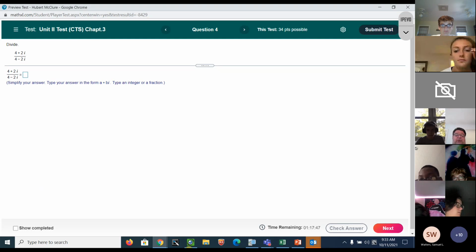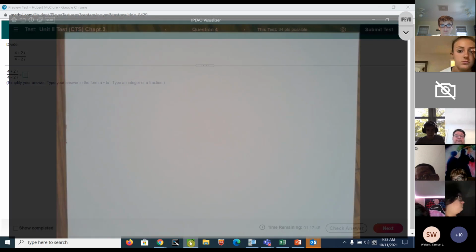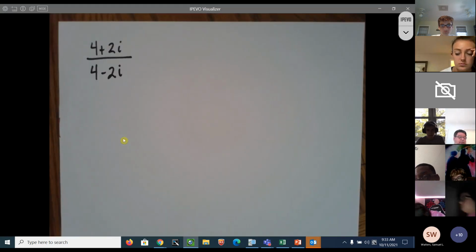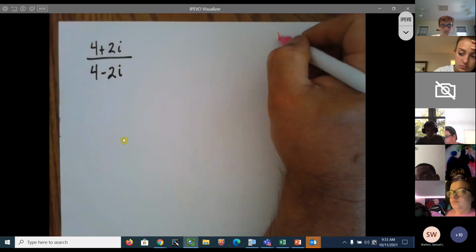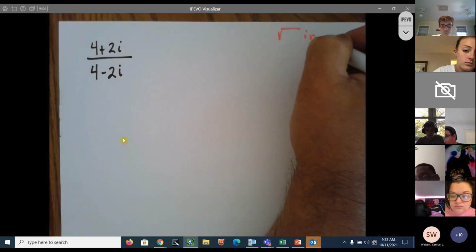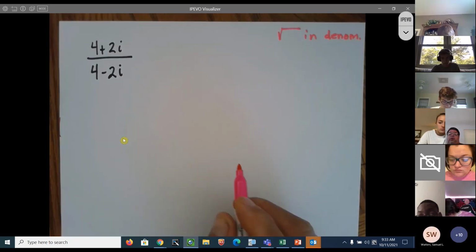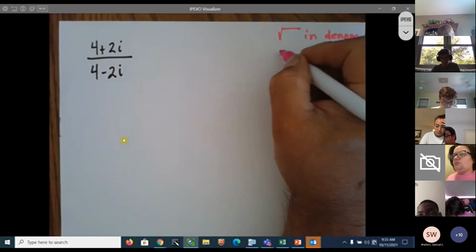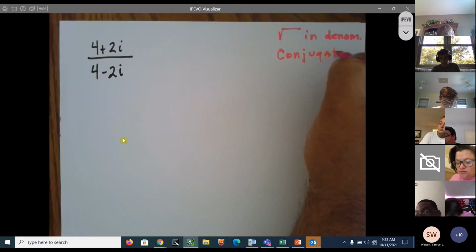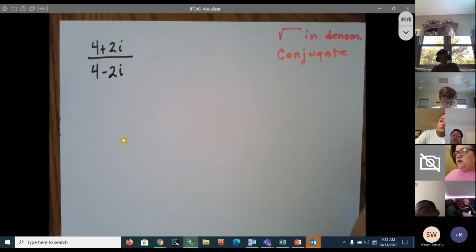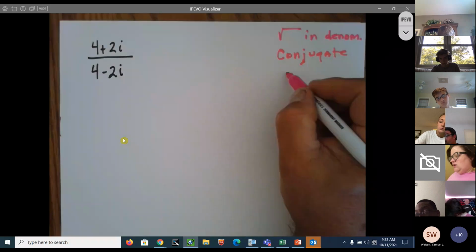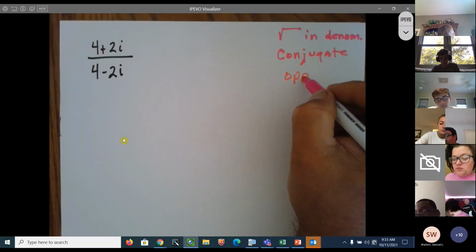Whenever you have a radical in the denominator, you're going to use the conjugate. The conjugate is always the opposite operation.